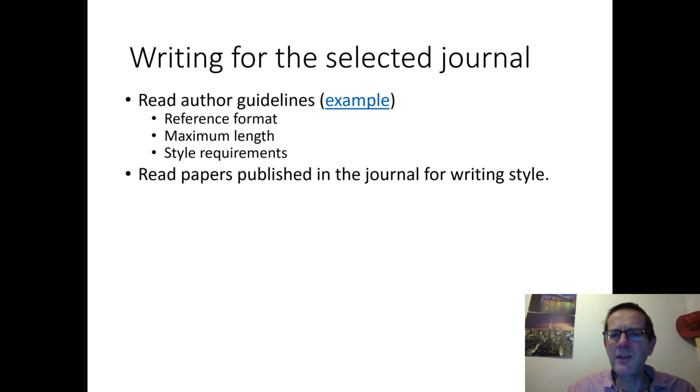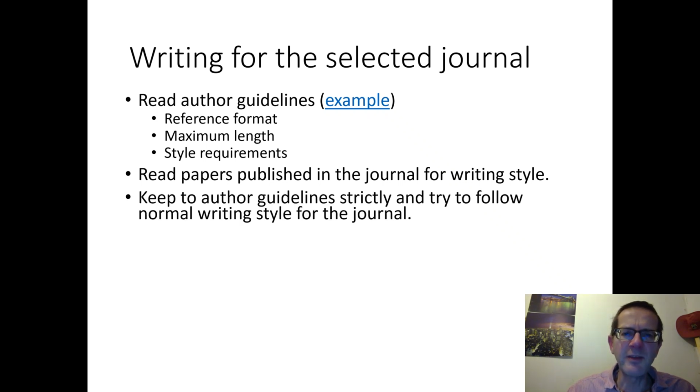And also read papers published in the journal for writing style. There are aspects of style that you can't pick up from the official author guidelines, but the people writing the articles in the journal might give you ideas for such things as the paper structure. Sometimes the author guidelines will specify a structure for the paper, sometimes not, but you can see what kind of structures are published in the journal by reading papers.